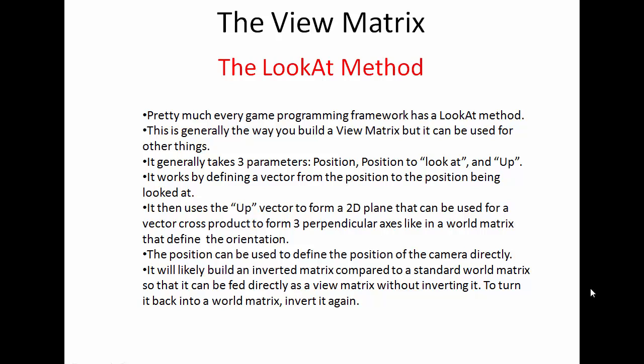So just feeding it an up value is a cheat that often works, especially if you're just walking around the scene and you're not doing a flight simulator where you turn upside down. That tends to work, but if you don't do it correctly, it may end up biting you eventually. And the correct value is a vector that points directly above the camera, no matter how the camera is oriented.